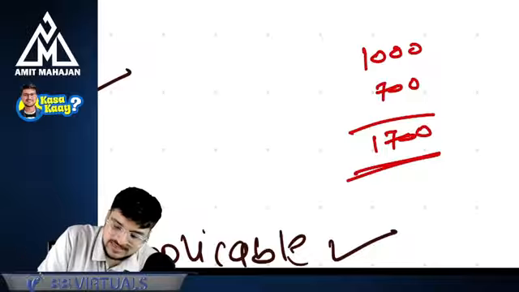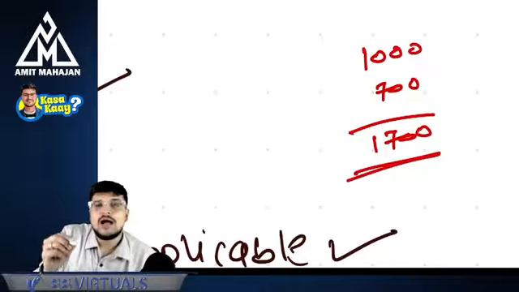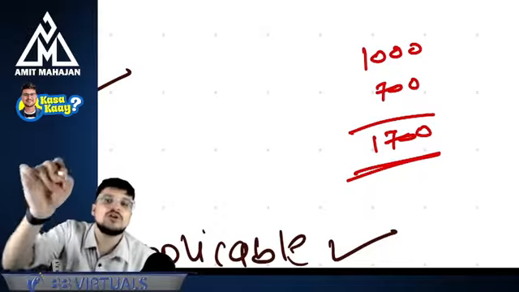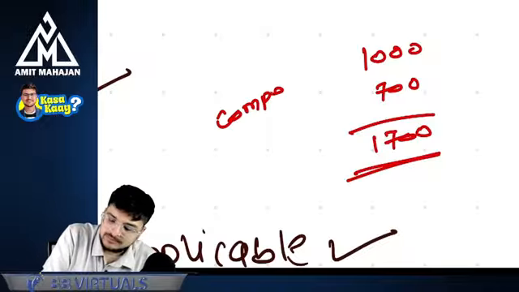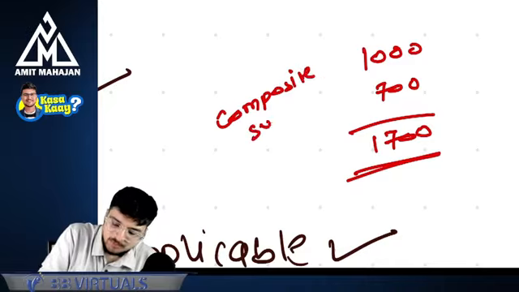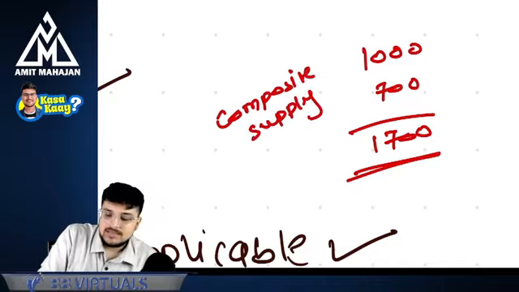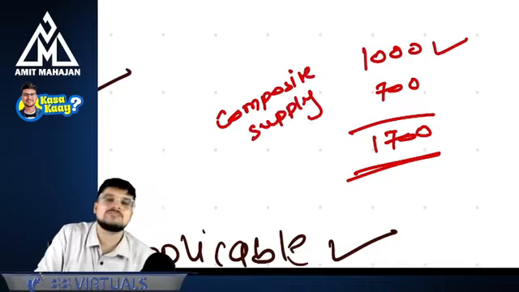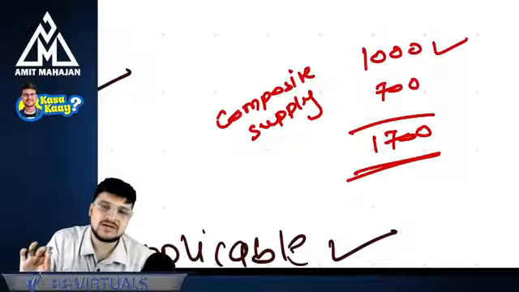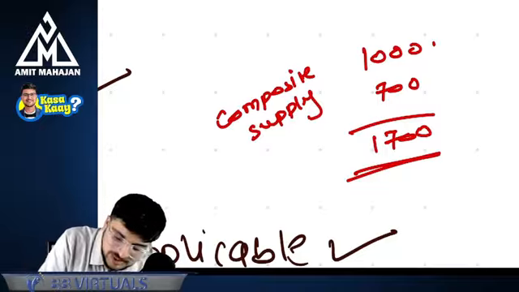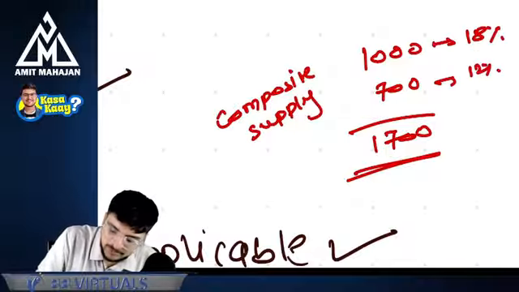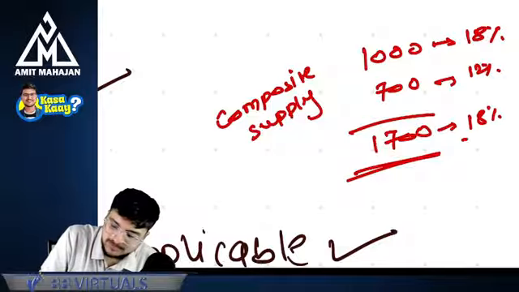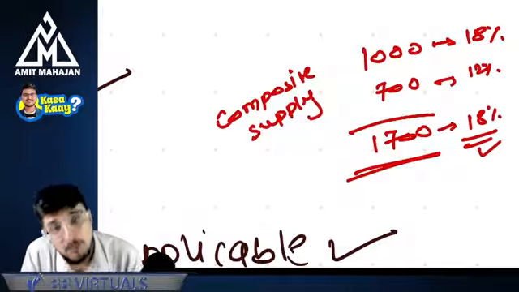Please understand, if you book your food along with your ticket, this will be considered a composite supply, and the principal supply is the movie ticket, which means the tax rate of the movie ticket applies. What is the tax rate of a movie ticket? Say, for example, 18%, and food, say, for example, is 12%, but on 1,700, 18% will be applicable because it will be considered a composite supply.